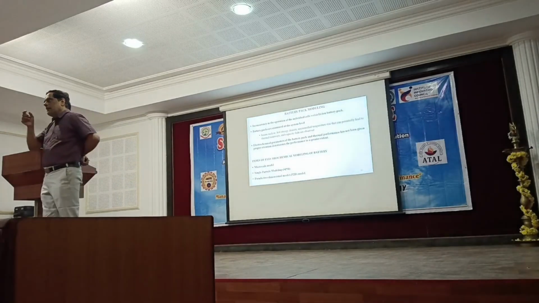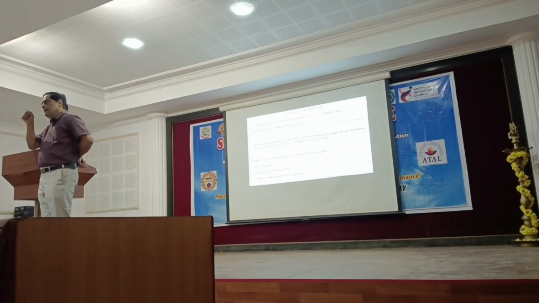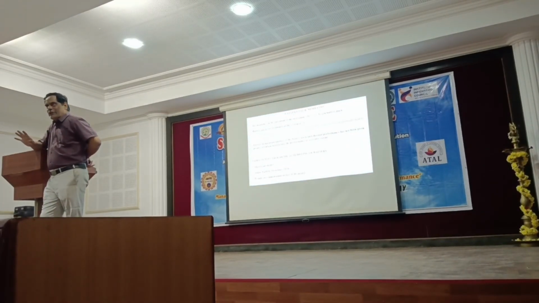When I say electrical modeling, before I discuss electrochemical modeling, in electrical modeling what we try to do, we have anode, cathode, electrolyte, separator. The battery response is mimicked in terms of equivalent electrical circuit elements consisting of conductor, resistor, capacitor, and inductor.